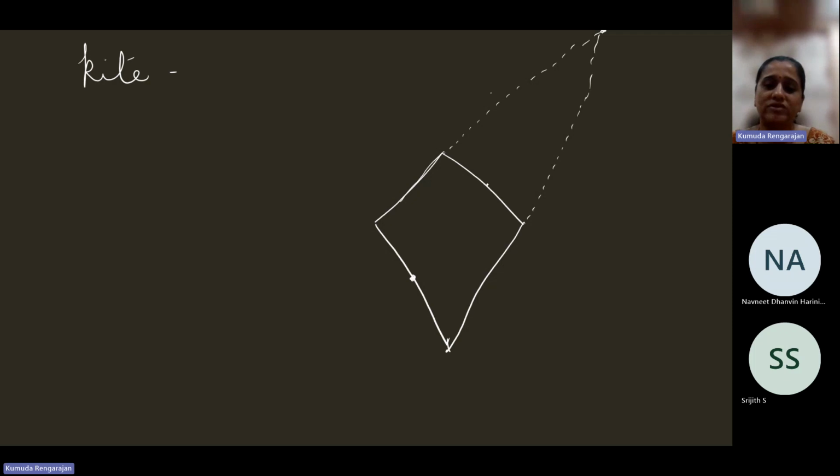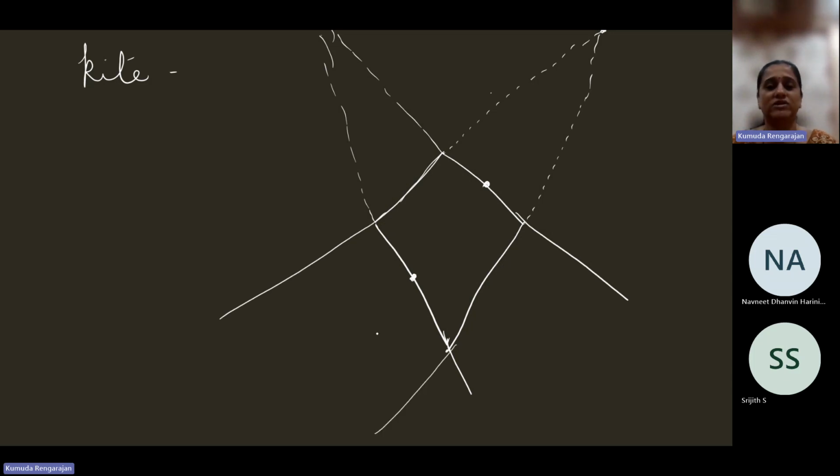Similarly, these two opposite sides, when you produce them in the same straight line, they'll meet. But when you produce them in the opposite direction, they'll not meet. They'll diverge.